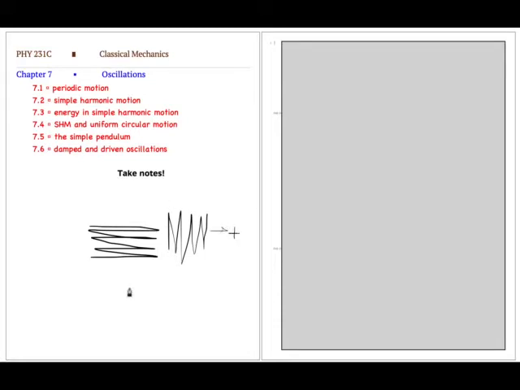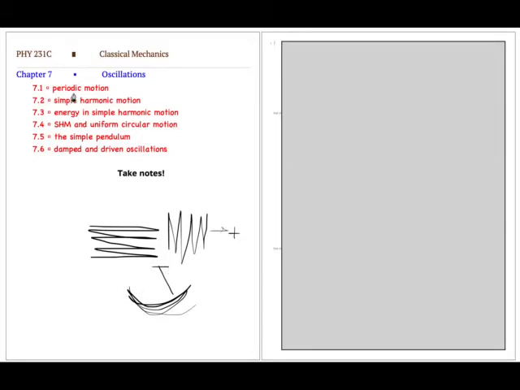Or it could be a pendulum, swings back and forth, mass attached to a string, which is attached to a point on the ceiling, or vibrations. So many examples of oscillations.